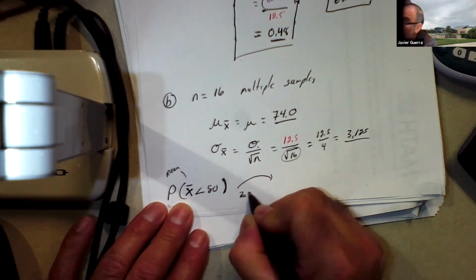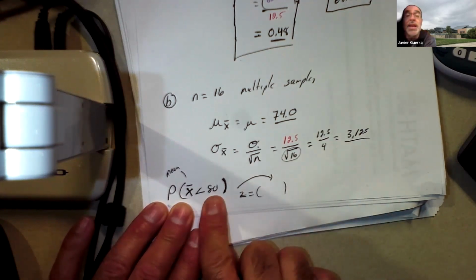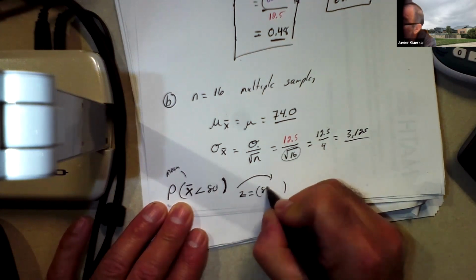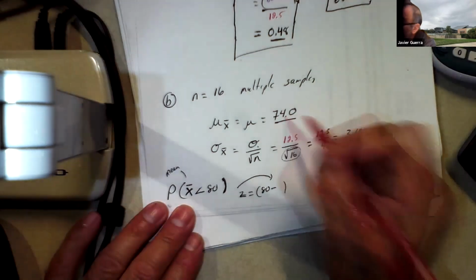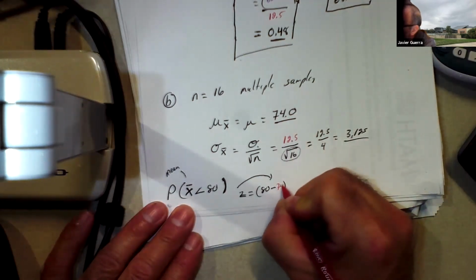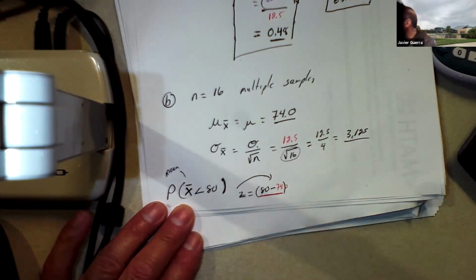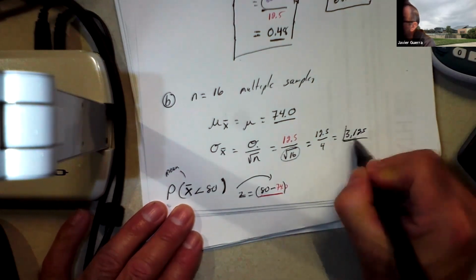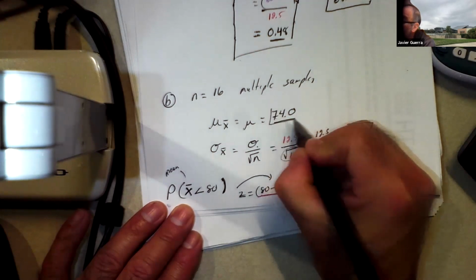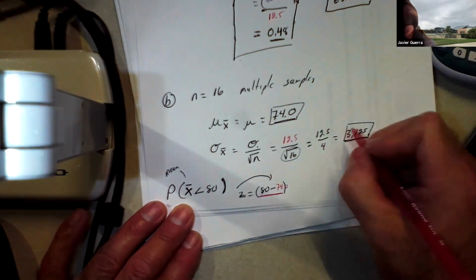Okay, so when you convert, you're still gonna use that as your X. So that's 80 minus your mean, 74.0. But this time we're gonna divide by what? What do we divide by? I gotta divide by my new standard deviation of 3.125.